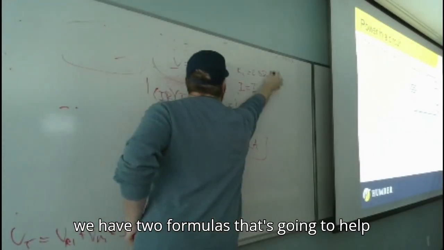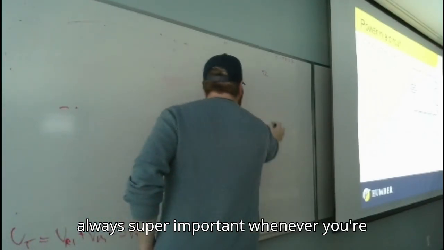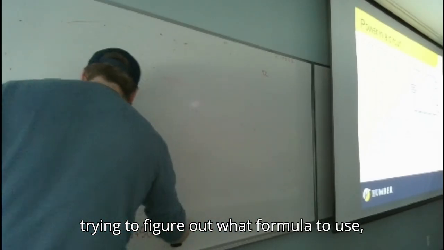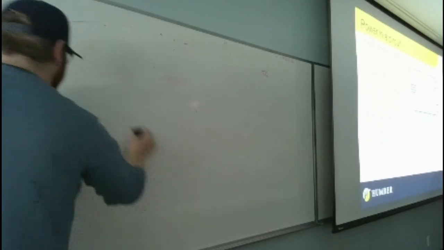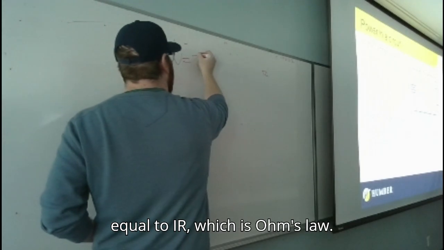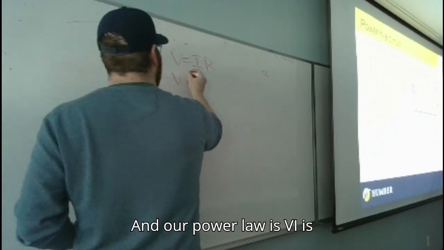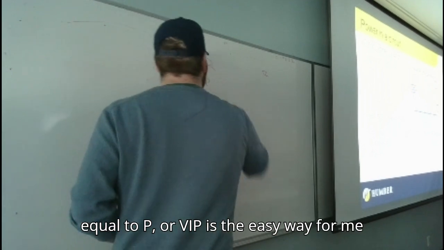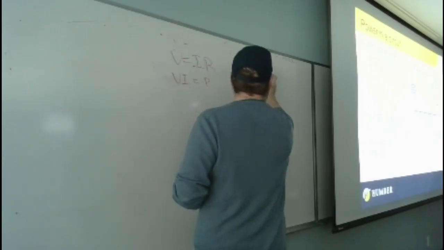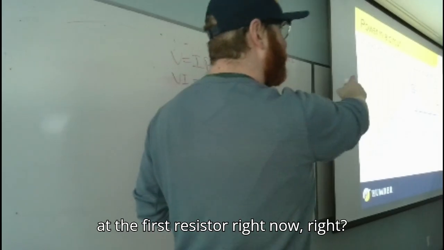So we have two formulas that are going to help us, right? And it's always super important, whenever you're trying to figure out what formula to use, to start off with what you have. So we have our formula V is equal to IR, which is Ohm's law, and our power law, VI is equal to P, or VIP is the easy way for me to remember it. Now we have power, because we're just looking at the first resistor right now, right?